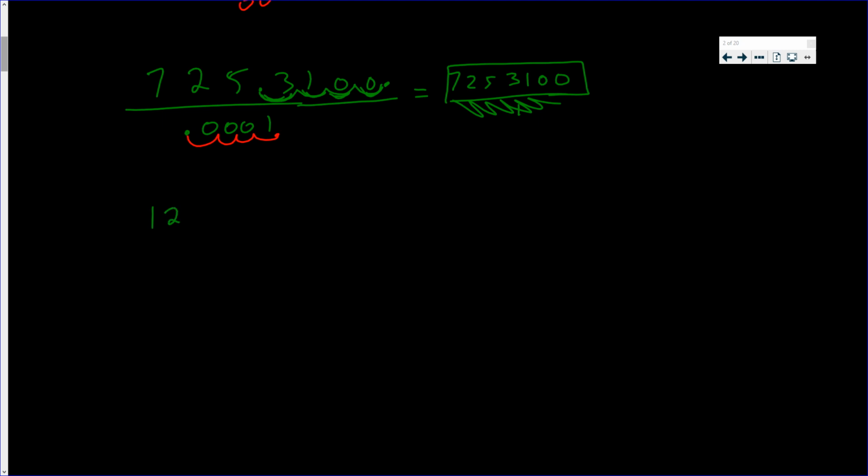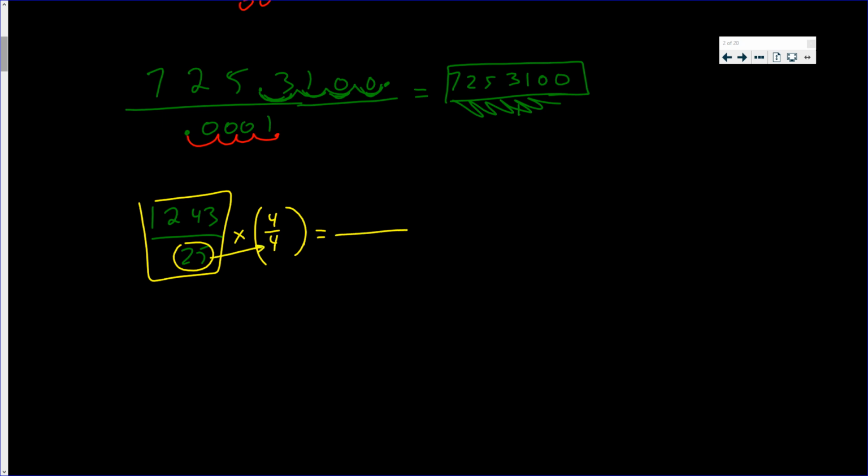If you have 1243 over 25. Now, this is a division by a 2-digit number. Now the only thing you can multiply this by without changing its value is 1. And 4 over 4 is 1. Why did I pick 4 over 4?